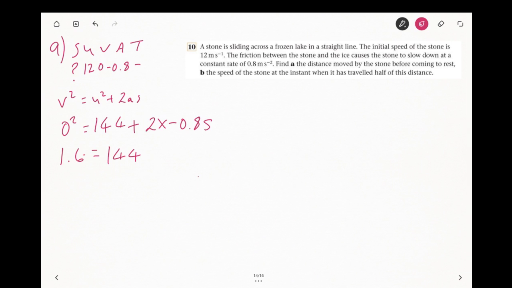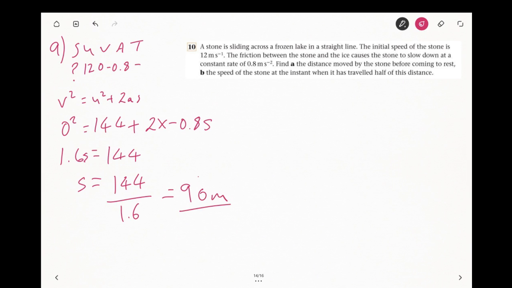I forgot my s there. So s is just 144 divided by 1.6, and when you work that out, let me just check, 144 divided by 1.6 is 90. Okay, a nice number. 90 meters, obviously keeping everything in SI units.